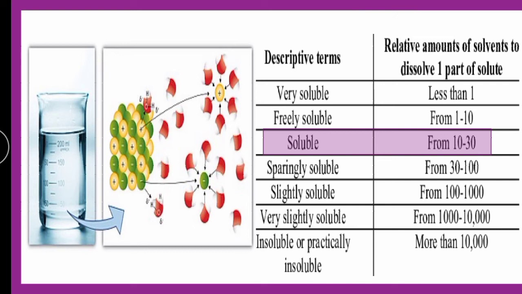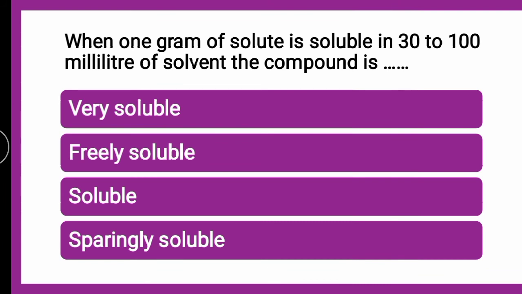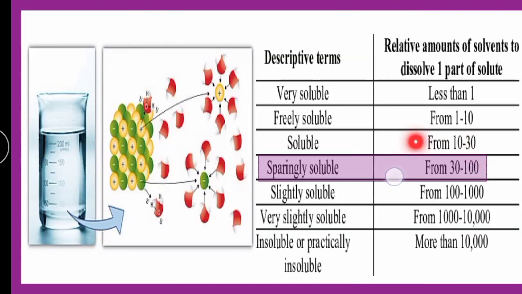Next question is, when 1 gram of solute is soluble in 30 to 100 milliliter of the solvent, the compound is dash. Whether it is very soluble, freely soluble, soluble or sparingly soluble, the correct answer is it is sparingly soluble. The solvent required, as you can see here, from 30 to 100, it is a sparingly soluble compound.